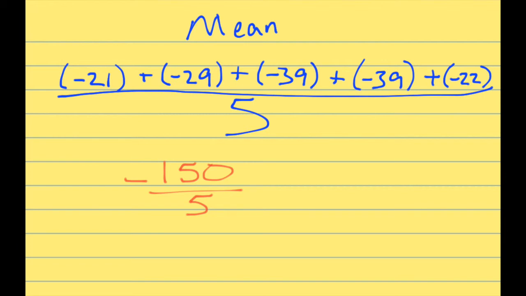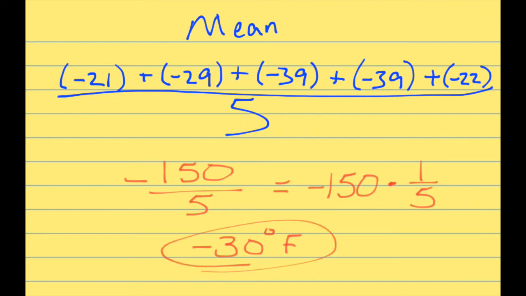Negative 150 divided by 5 is again the same as negative 150 times 1/5, which is negative 30. So the mean temperature for Barrow, Alaska for those first 5 days in February is negative 30 degrees Fahrenheit. Wow.